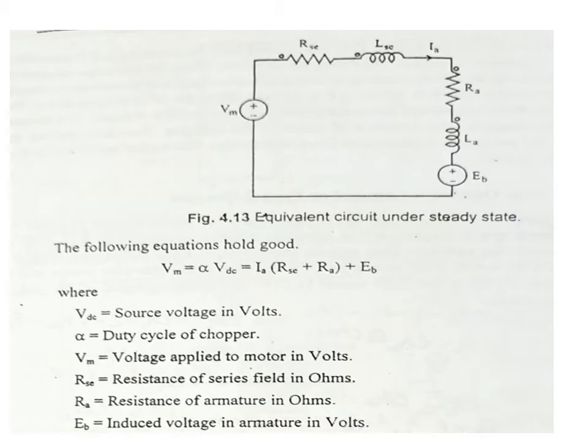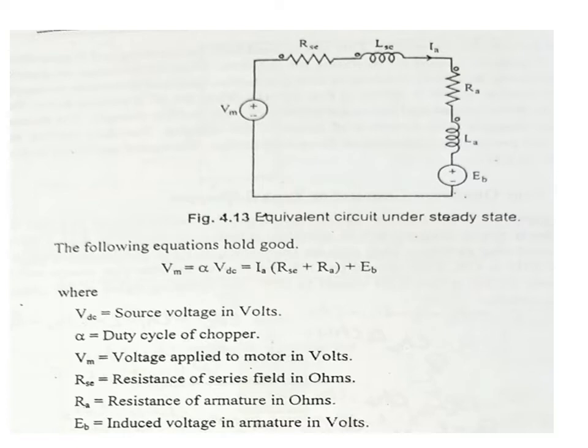Now this is the equivalent circuit of our chopper connected to DC series motor. Here VM represents the chopper output voltage, RAC represents the series field resistance, LAC represents the series field inductance, RA represents the armature resistance, LA represents the armature inductance, and EB represents the back EMF of the motor.